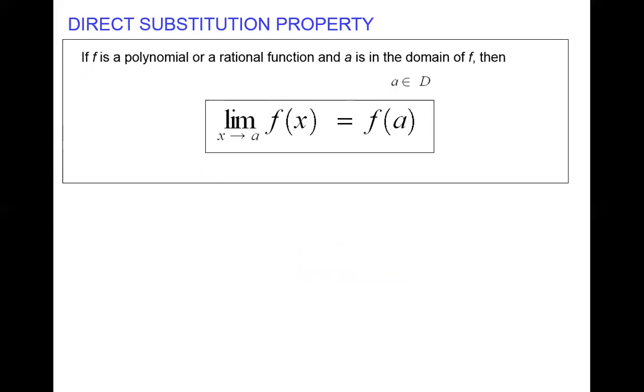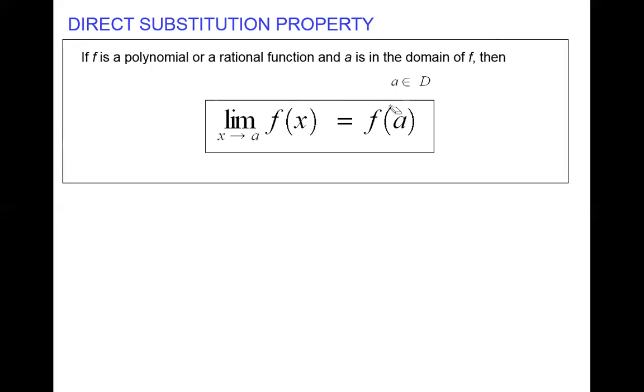Okay, we also have a really important property, and we call it the direct substitution property. If the function f is a polynomial or rational function, or more generally a continuous function, and if the number a is in the domain of the function, which means it's part of the x values, then the limit of the function f of x as x approaches a is equal to f of a.